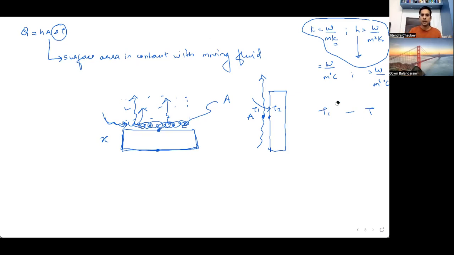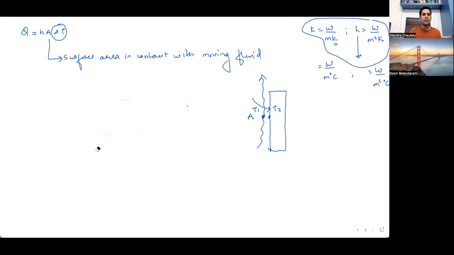So now let us take the combined formula of conduction and convection. Suppose this is a brick or a plate or a slab, with some length L. This is the length of the plate, and it is square shaped, so it will be L by L. Let us say this is the thickness of the plate.